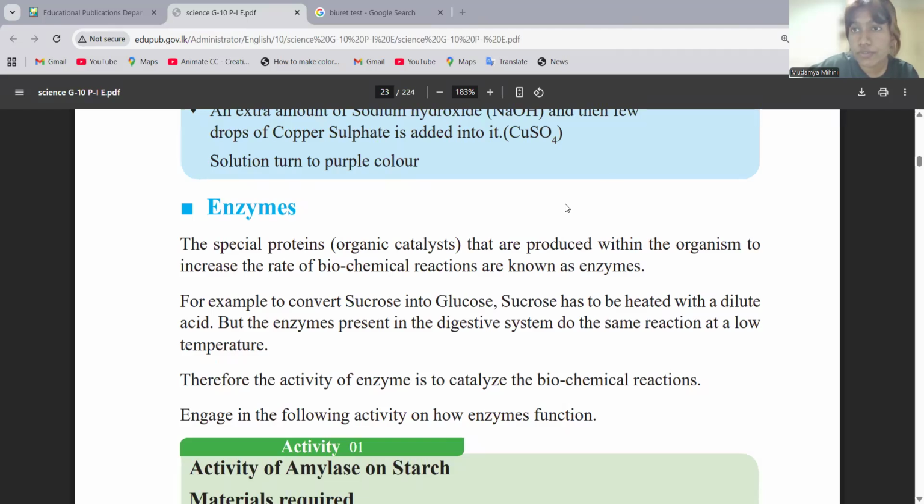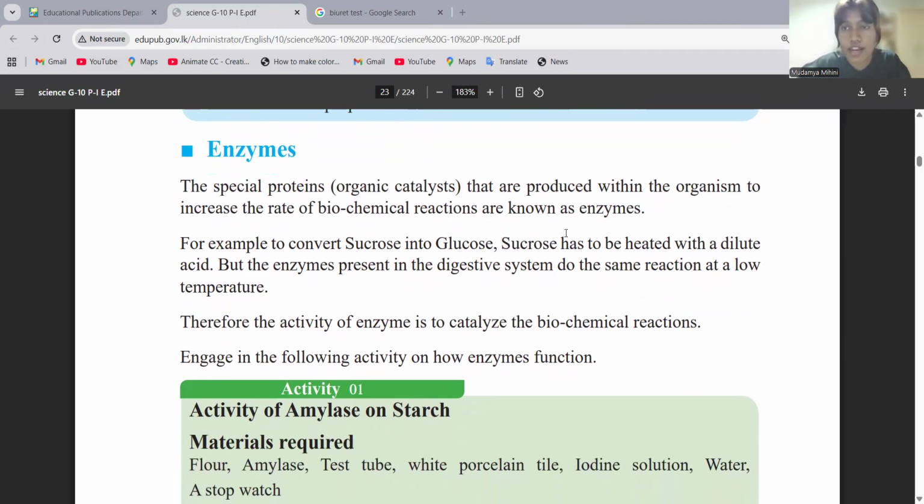So now let's move on to enzymes. We discussed that enzymes are types of proteins, right? So it's a catalyst. If you read this, you can see special proteins, organic catalysts.